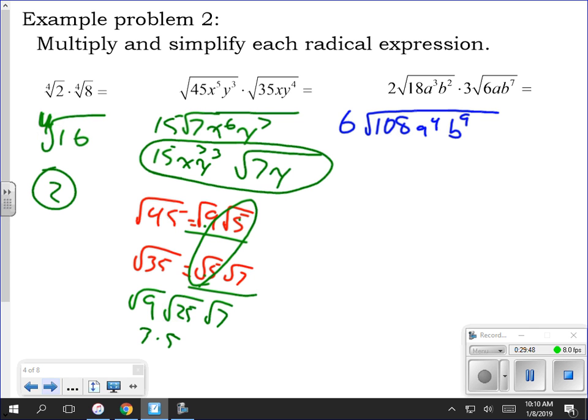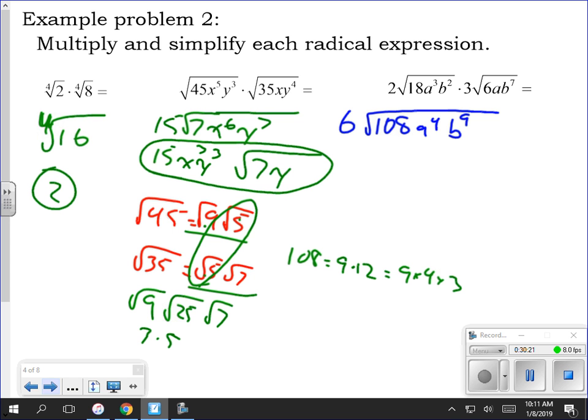I go, okay, 108 is 9 times 12, right? Nine times 12. 9's a perfect square. Can I simplify 12? Yeah. 9 times 4 times 3, right?